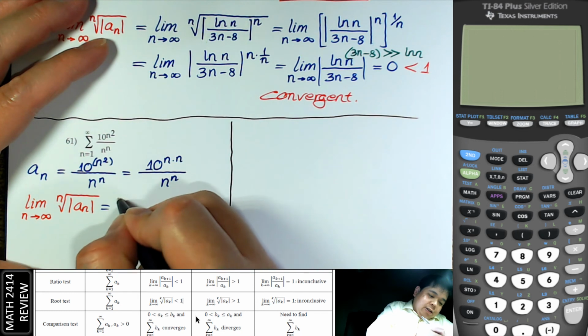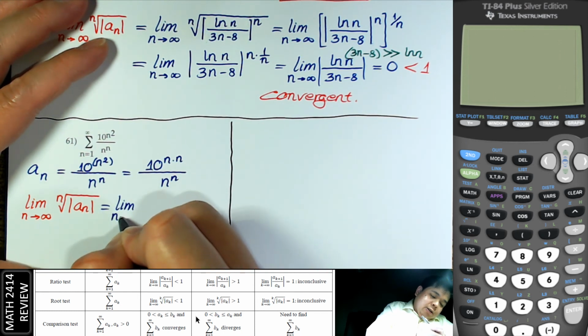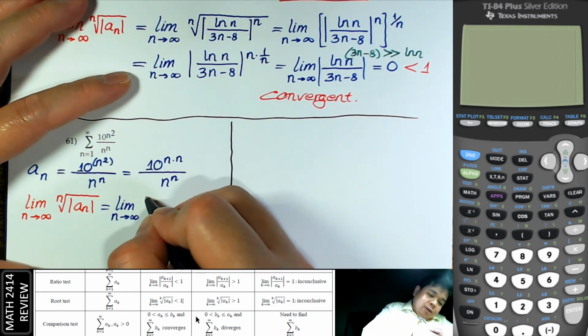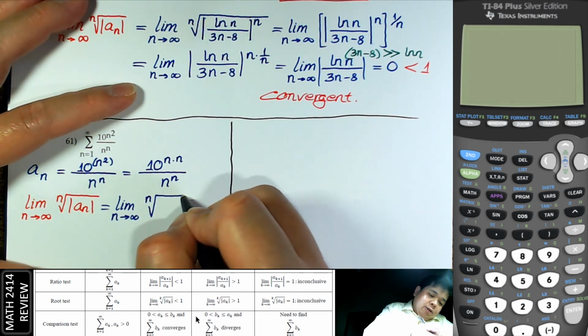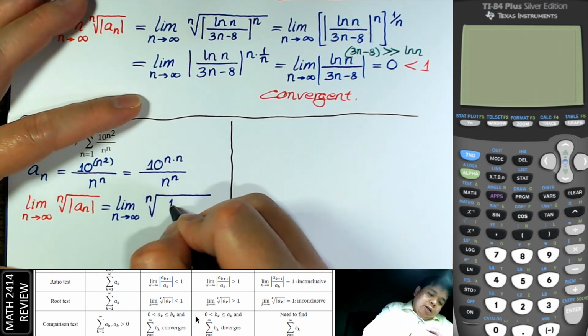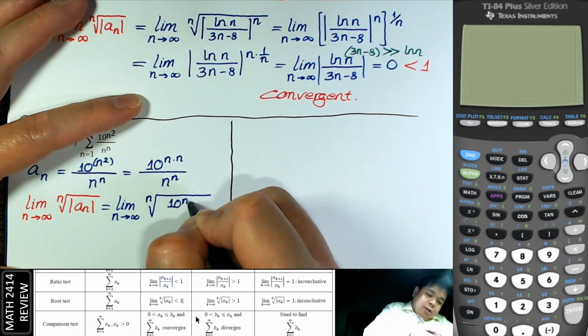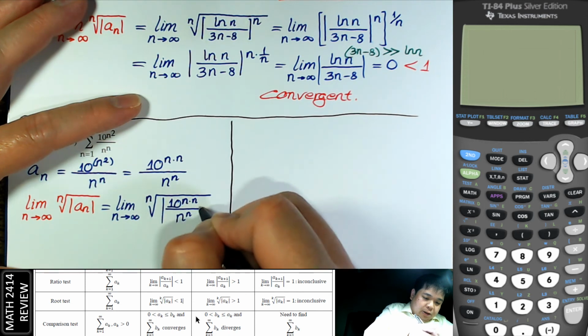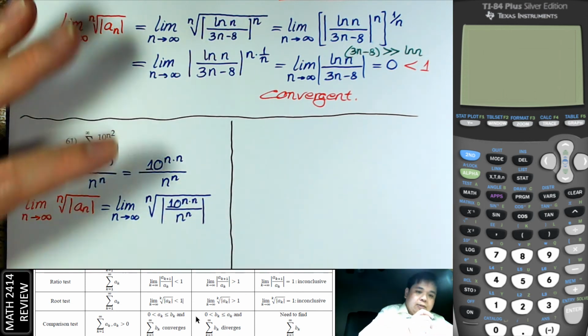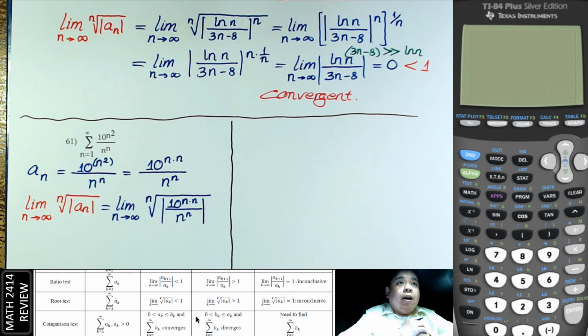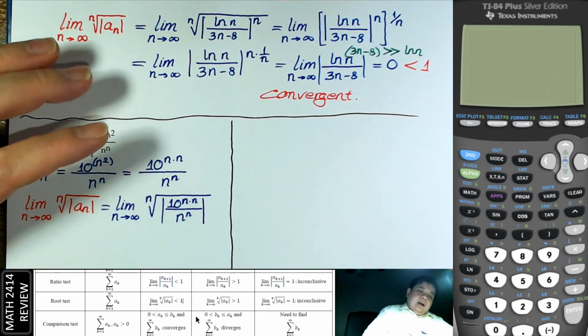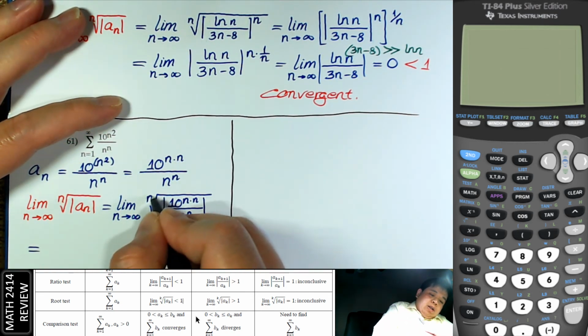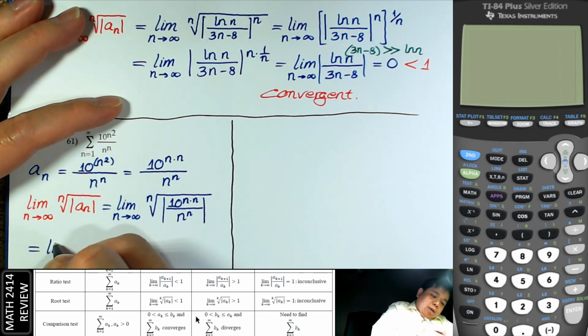Right, so we do that. Now, of course, the n root is the power 1 over n.